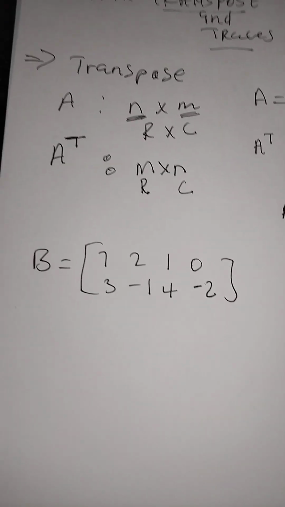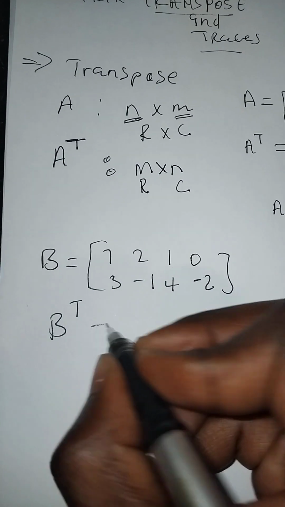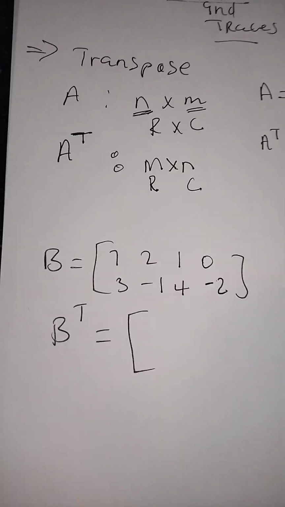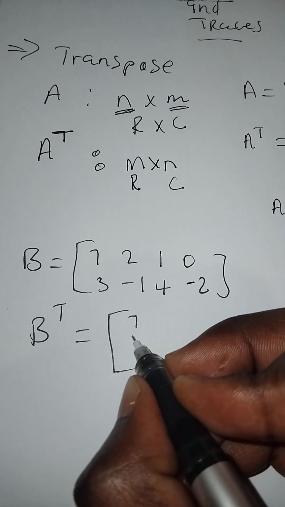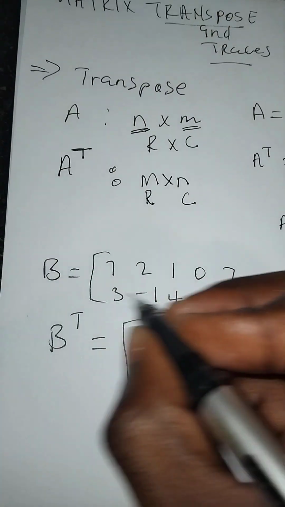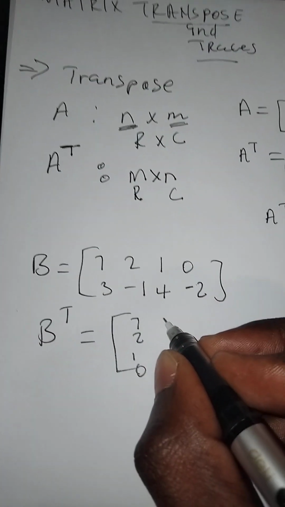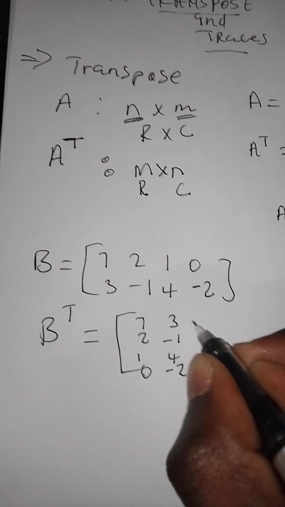If we want to find the transpose of matrix B, the row becomes the column. So it's going to be 7, 2, 1, 0, like that. And then this row also becomes the column. So it's 3, -1, 4, -2, like that.